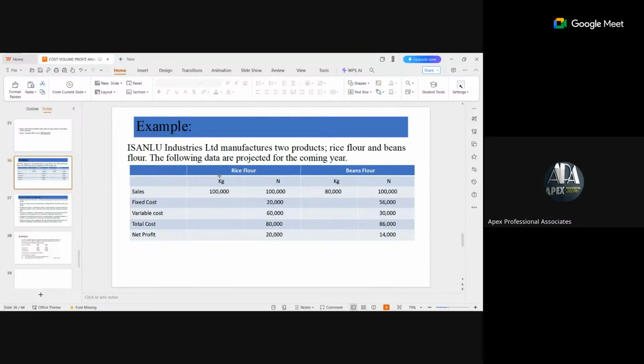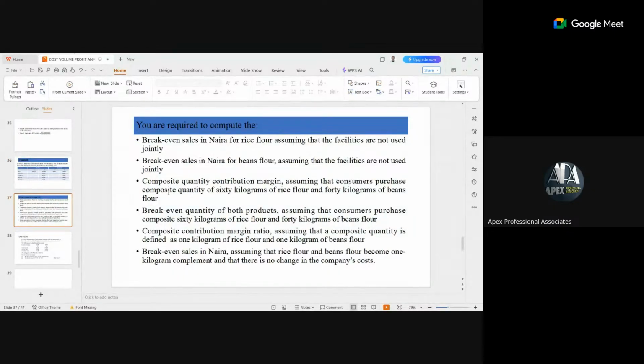Total cost, 20 plus 60 is 80 for rice flour, and for beans is what? 56 plus 30 is 86. The net profit is what? 20,000. So based on my explanation at the beginning of this class, you are required to compute the break-even sales in Naira for rice flour, assuming that the facilities are not used jointly.